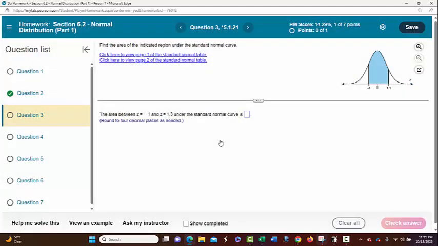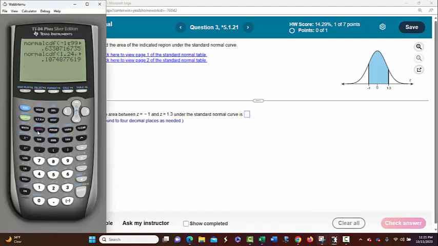Now between two numbers in the calculator, we would go second, distribution, normal CDF, and you put the lower number first, the higher number second. Oh, sorry, I hit the wrong command. Must have arrowed down one too many. I should have reset.